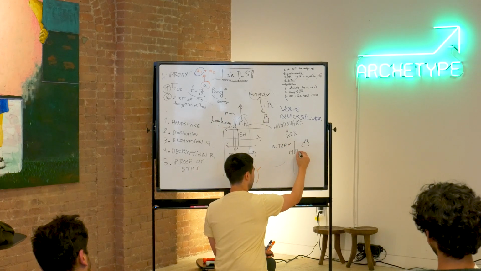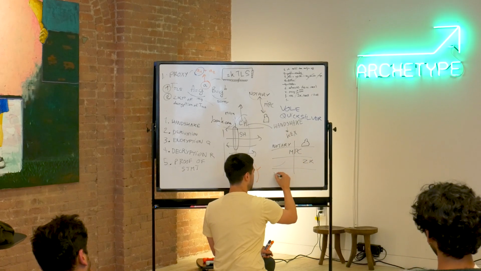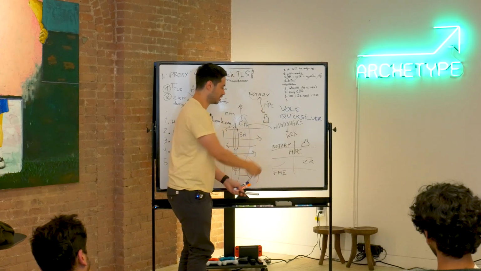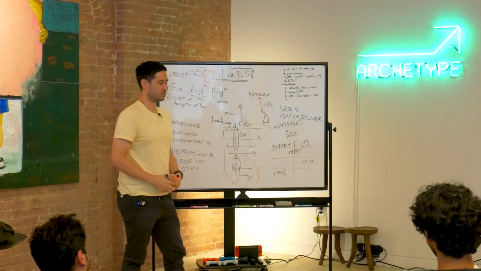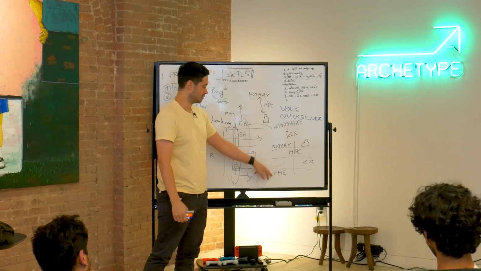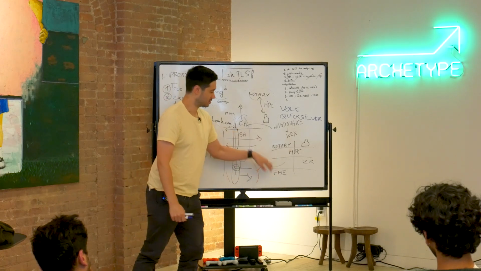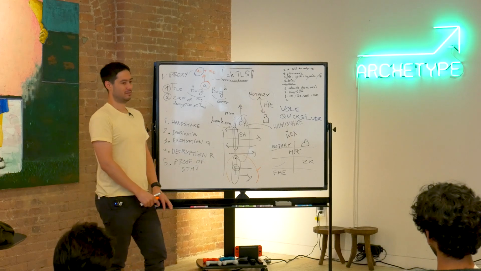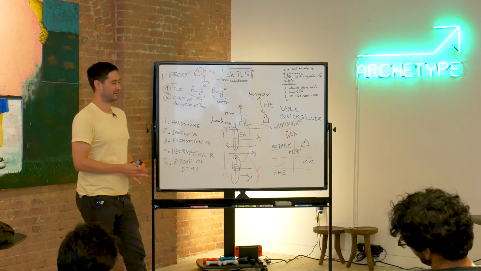And MPC is sort of in between. zk is only me, and FHE is only the notary. Or you could have an FHE network and the notary is also talking to someone else. But for the sake of simplicity, you can imagine that table. So yeah, that increased the design space even more.